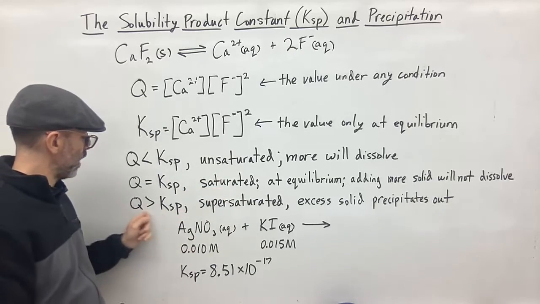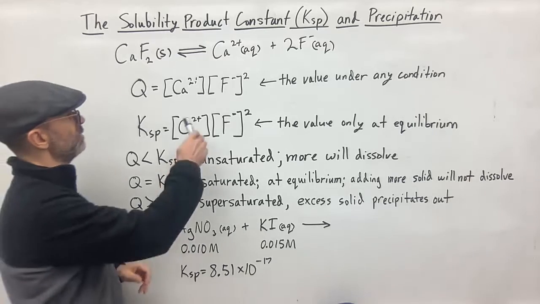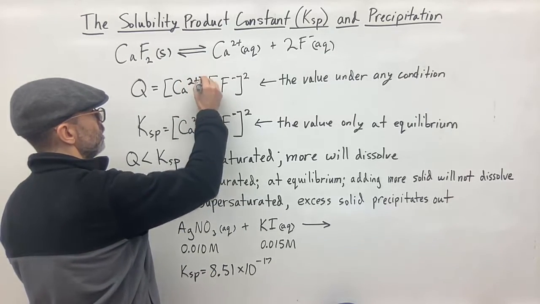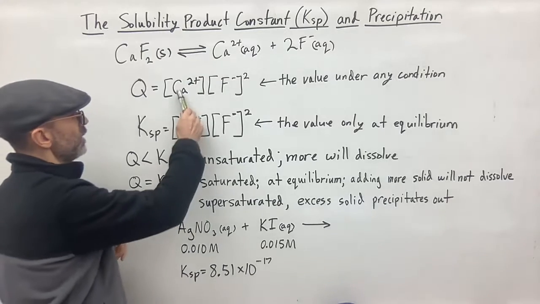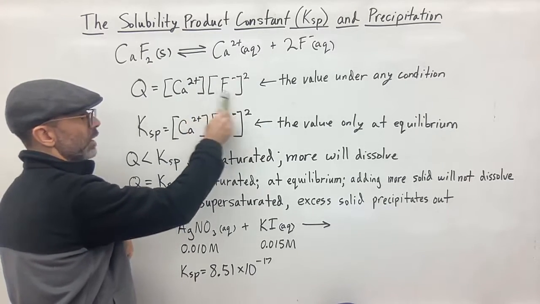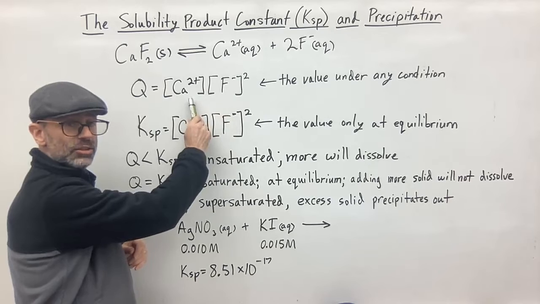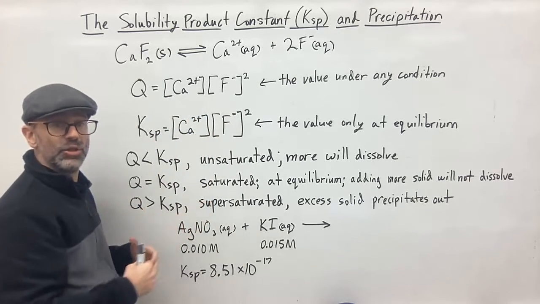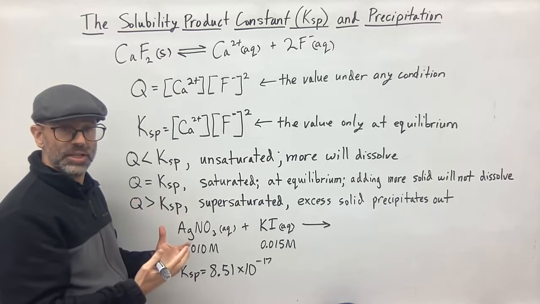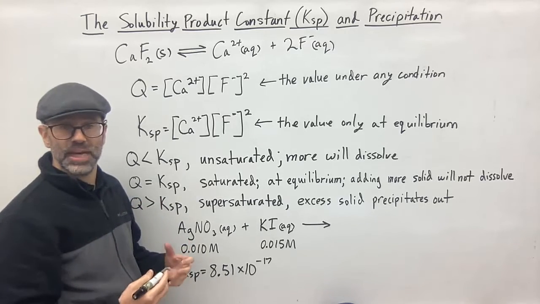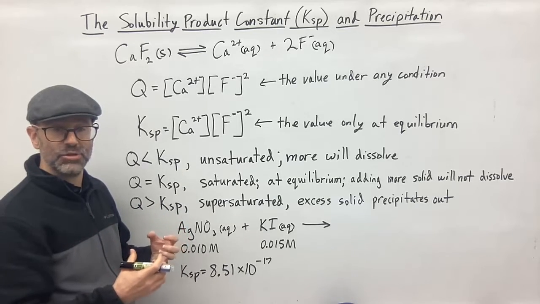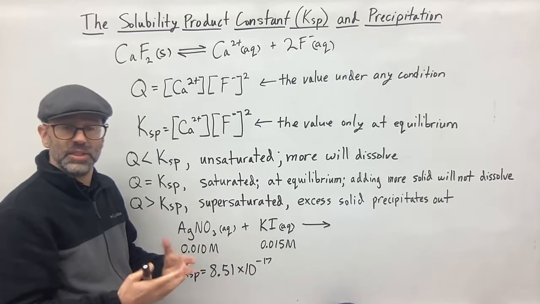And if your Q value is too large, that means you have too much of the ions in solution, and so you're going to have to get rid of them. You would be in a supersaturated solution, and in a supersaturated solution, those ions can stay in solution indefinitely unless, of course, you disturb the system somehow.